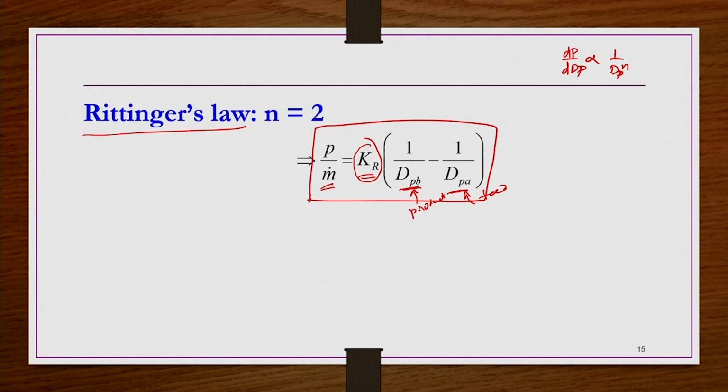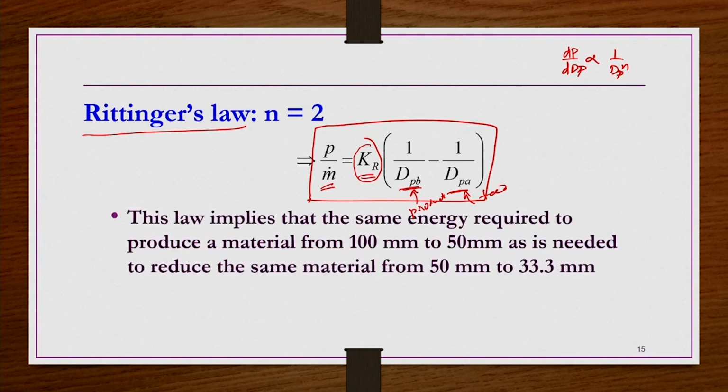Let us say the average size of the feed material is 100 mm, you are doing some size reduction, and you get a product having an average particle size of 50 mm. So 1/50 minus 1/100, you get 1/100, right. Whatever power you required for that case, let us say some x kilowatts.